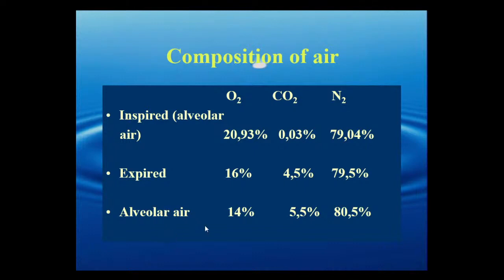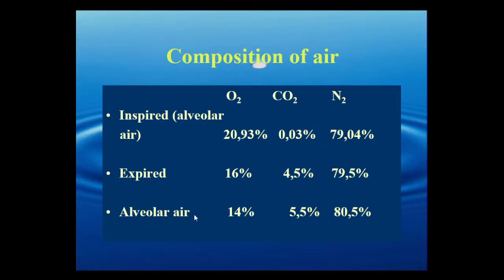And alveolar air, expiratory alveolar air during exhalation, includes less oxygen, more carbon dioxide, and a few more nitrogen. Why do we have such differences? Atmospheric air is clear, it's inspired alveolar air. It's the composition of our atmosphere.